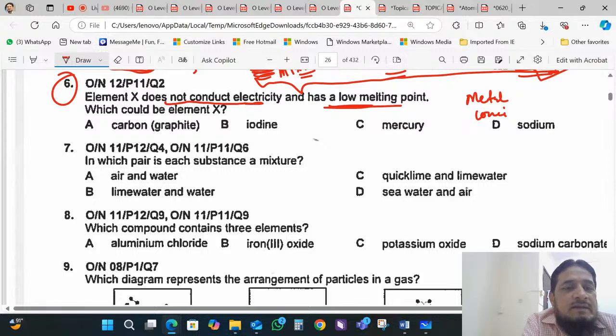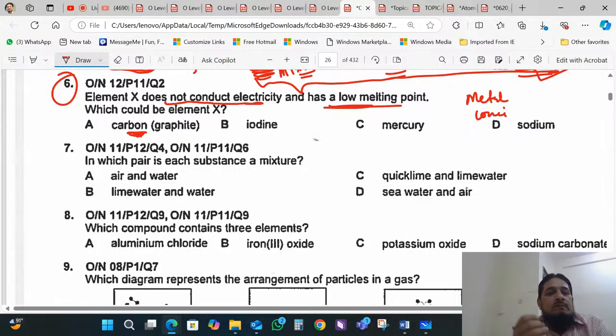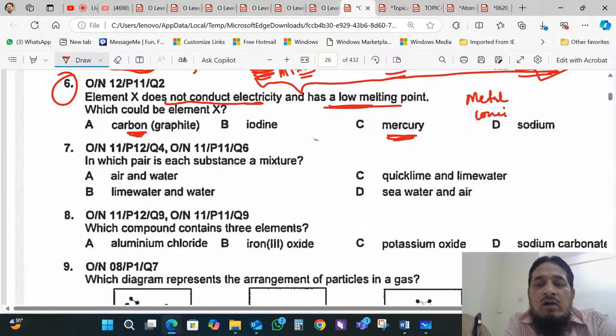He's saying this is an element. So carbon is an element, and graphite, but graphite is a conductor. So you are not going to take it. Then mercury is a metal, and all metals conduct electricity.